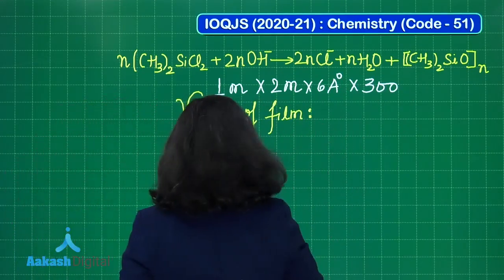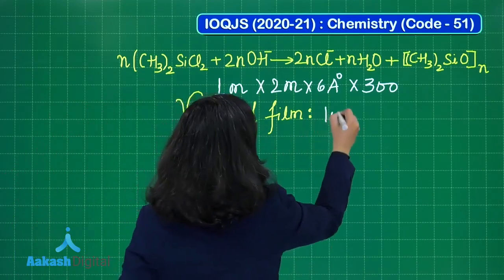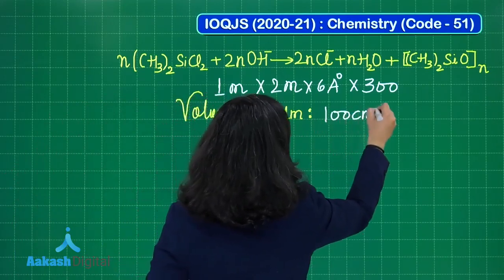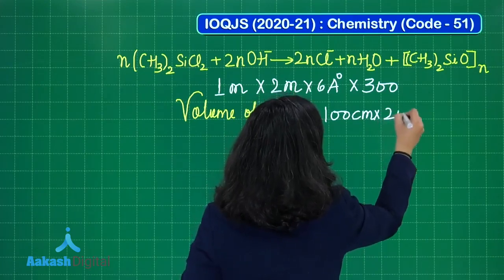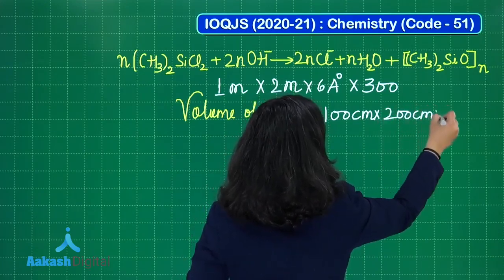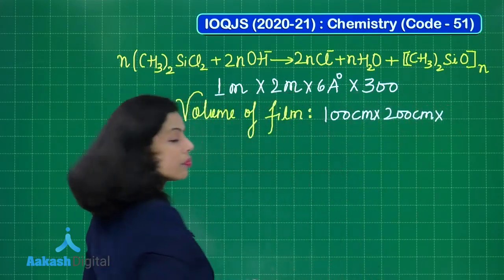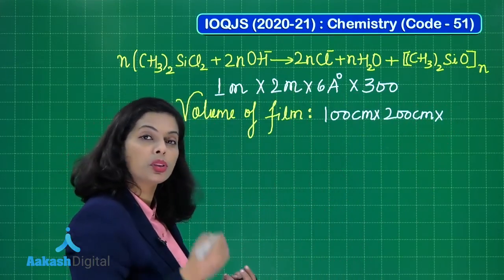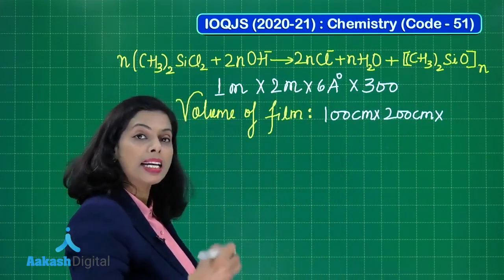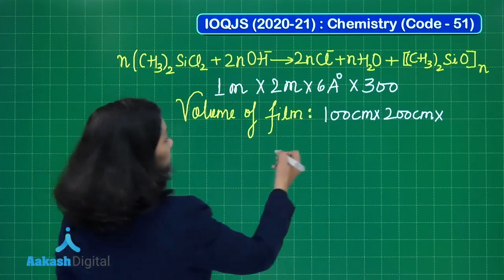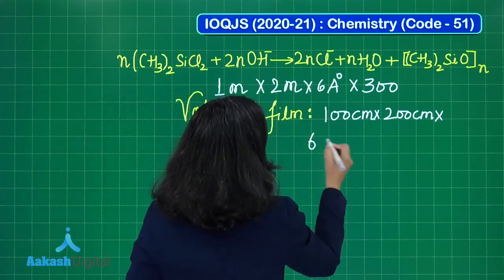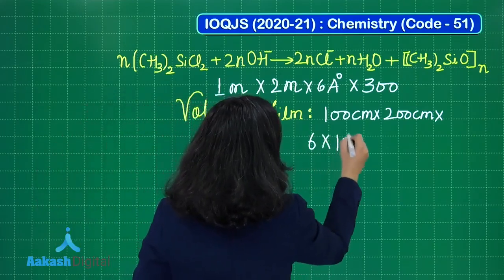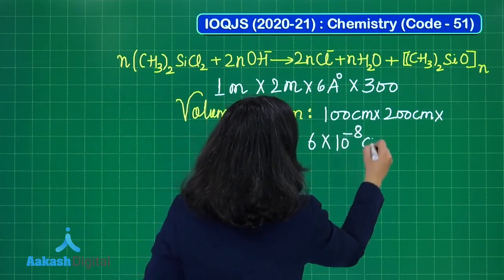Now, let's change it into centimeter. So 100 centimeter, and 200 centimeter. Now, what about 6 angstrom? 6 angstrom is equal to 6 into 10 raised to the power minus 10 meter. But we need to write it as 6 into 10 raised to the power minus 8 centimeter.